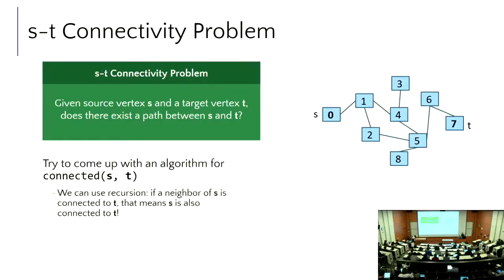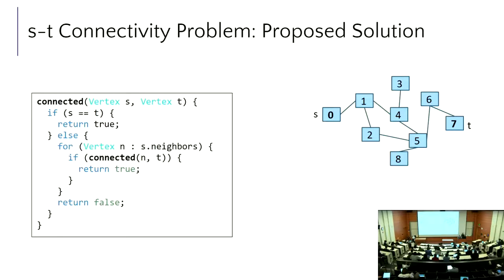So we can use recursion where, okay, maybe S is not directly connected to T, but we would consider S to be connected to T if S's neighbor is connected to its neighbor is connected to its neighbor is connected eventually to T. And that is inherently a kind of recursive problem, right? So here's some recursive code. We could say take in vertex S and vertex T as parameters.